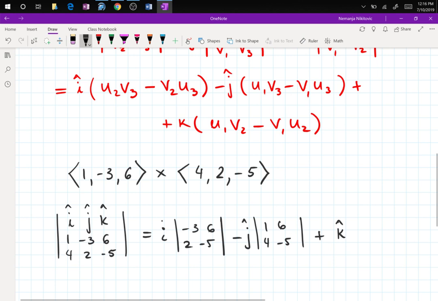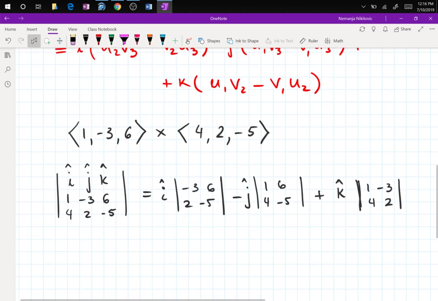So these are all i hat, j hat, k hat: 1, negative 3, and 4, 2. Cool?